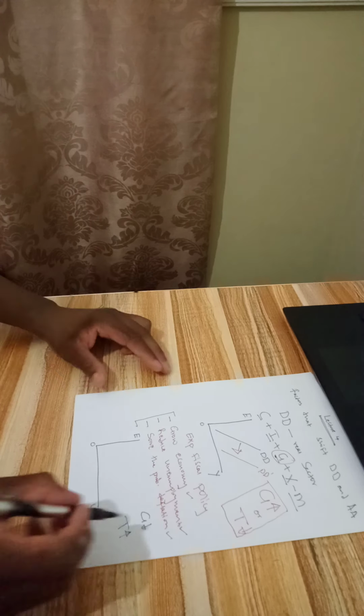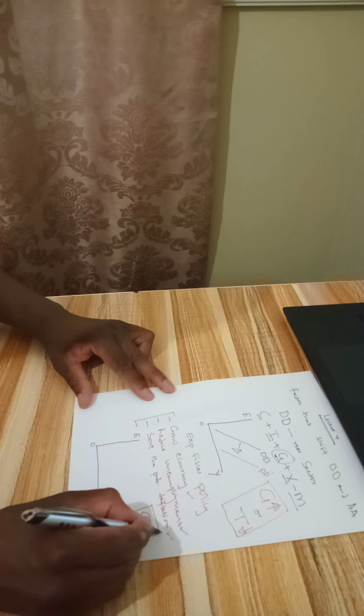Remember, these two are called the contractionary fiscal policy. In this case, we have our DD curve that looks like this, and this DD curve is going to shift to the left. We are going to see DD shifting to the left.